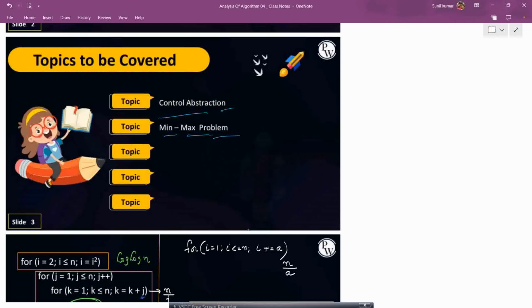These are some design strategies to minimize or maximize some output of the time or space.